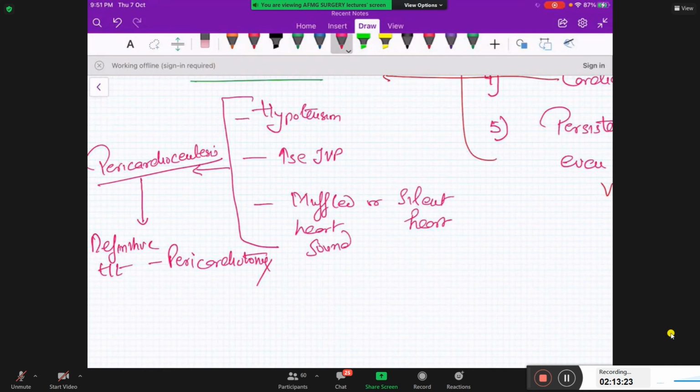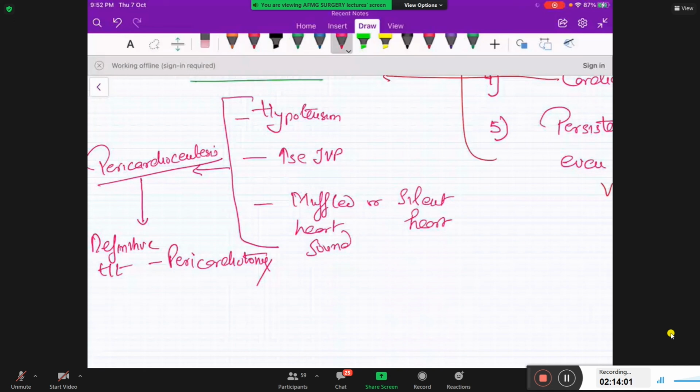So, in any given question in exam, if hypotension or raised ABP is provided, you should always manage it on the lines of cardiac tamponade, unless you are provided with the status of breath sounds. Otherwise, once hypotension and raised ABP is there, it is cardiac. Understood? Yes. So this is something which you should always keep in mind.